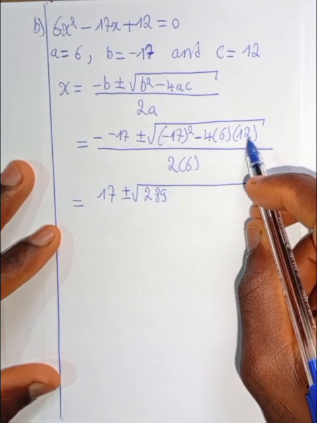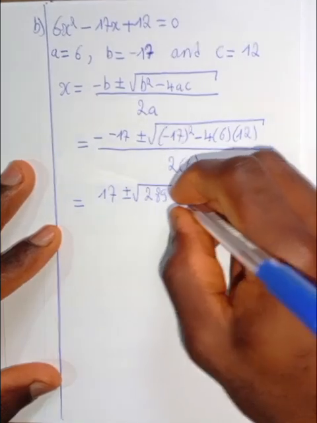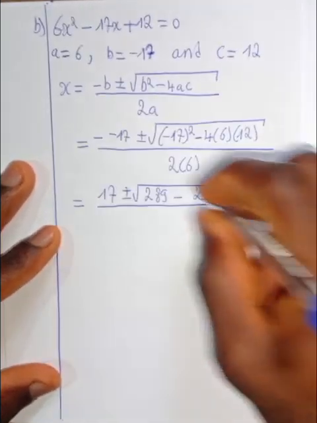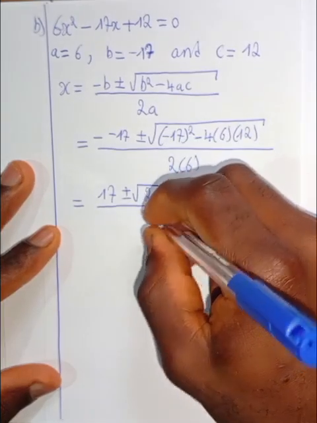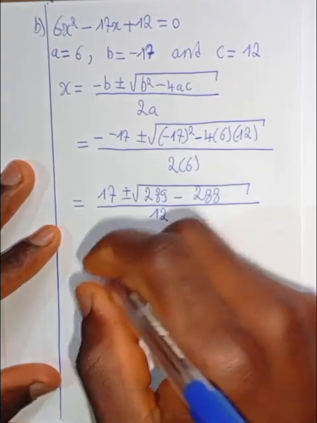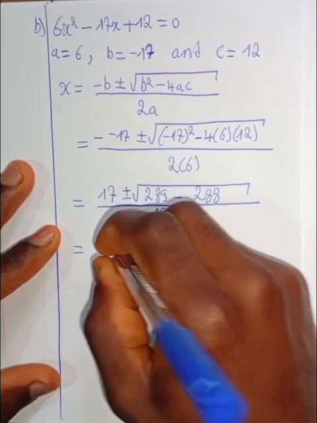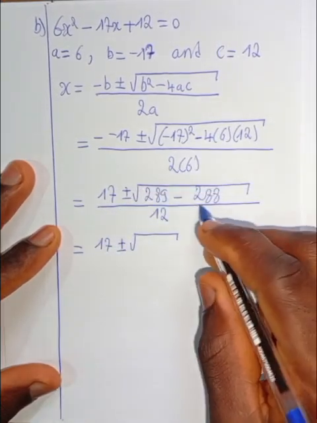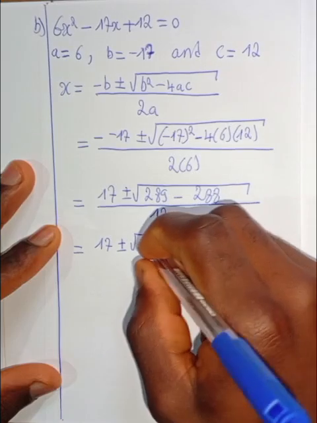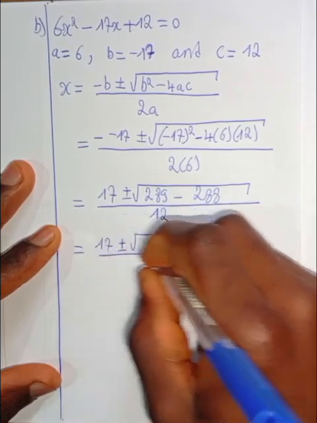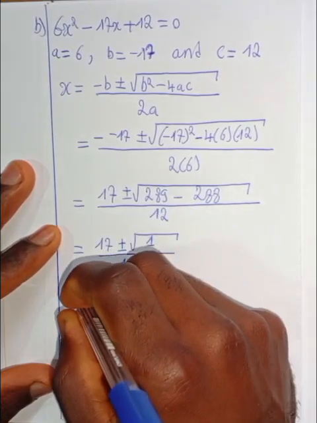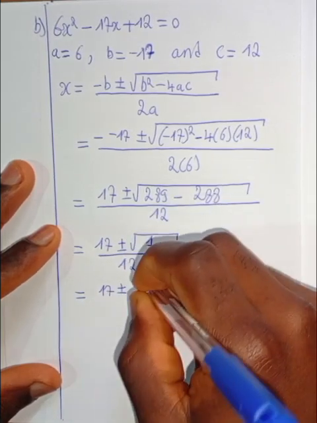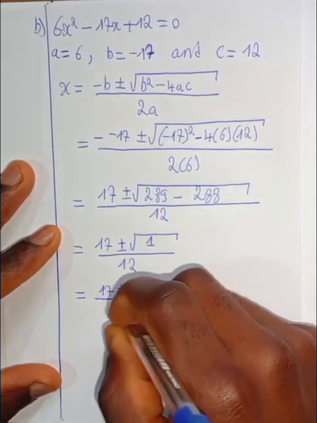Negative 24 times 12 gives us negative 288. We have to divide all this by 2 times 6, which is 12. This will simply be equal to 17 plus or minus the square root of 289 minus 288 gives us 1, all over 12. So this will simply be equal to 17 plus or minus the square root of 1, which is 1, all over 12.